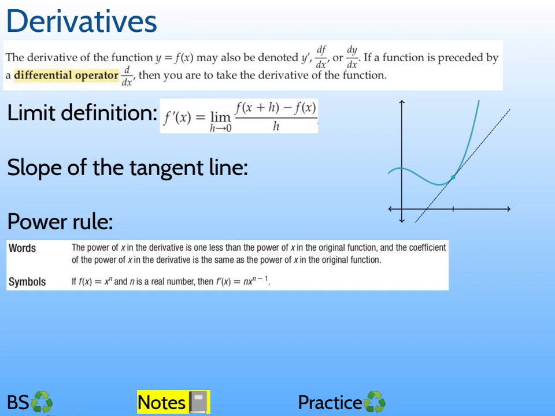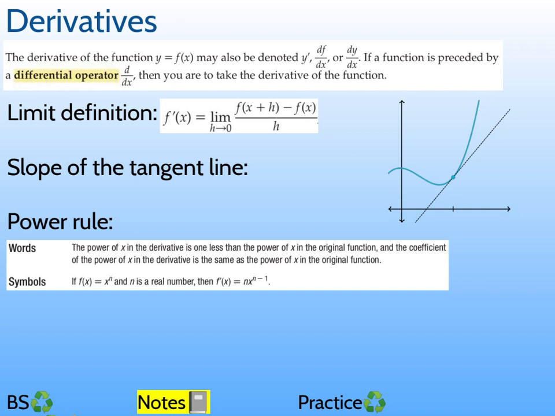You could also see df dx, which stands for the derivative of the function f with respect to the variable x. And a very common one is this, which is again the derivative of y with respect to x. You'll see that one a lot. Basically, if you see d something over dx, it means you take the derivative with respect to x, which is basically all we're going to do for the beginning of this.